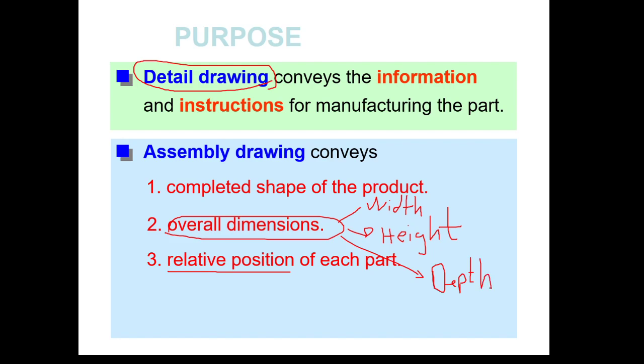Overall dimensions. In Turkish, genişlik, yükseklik, derinlik. At this point, open a parenthesis: saying width, height, depth, what do we mean? One more time, see.